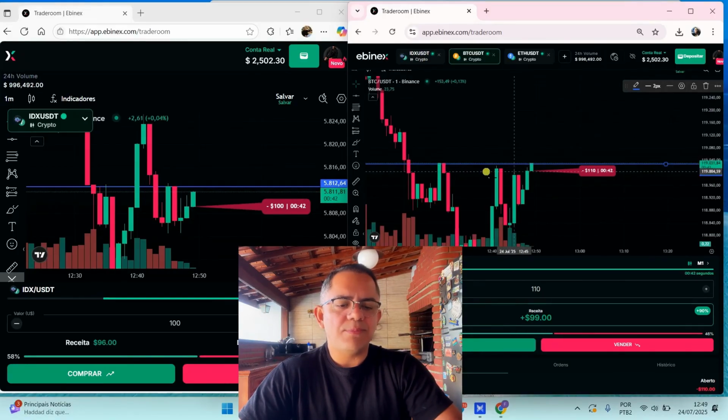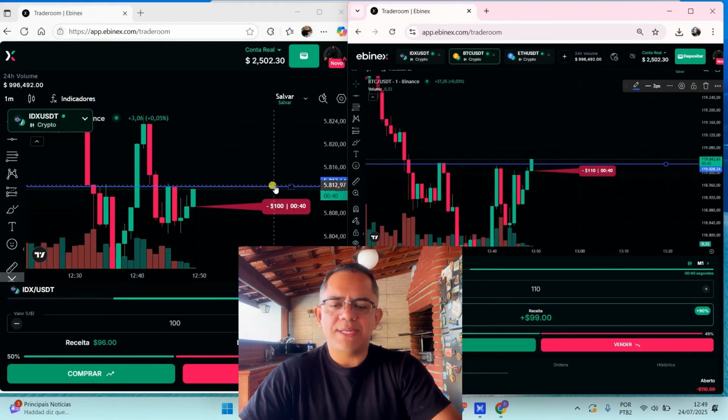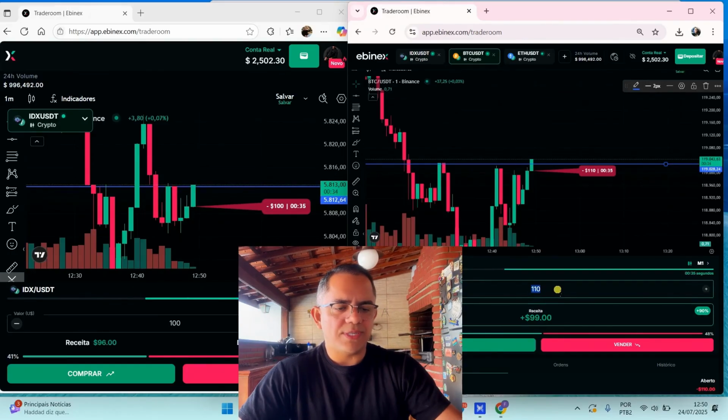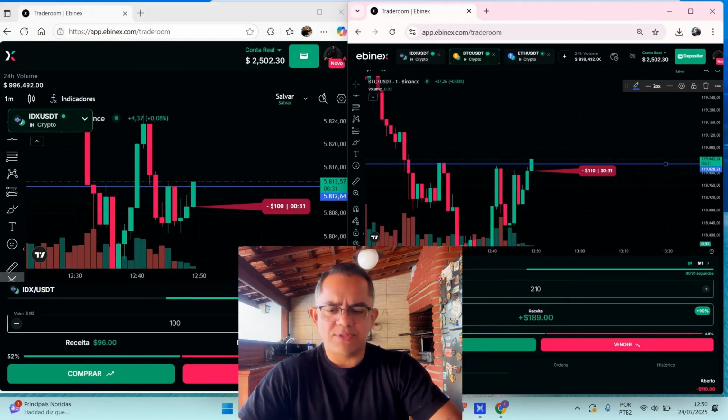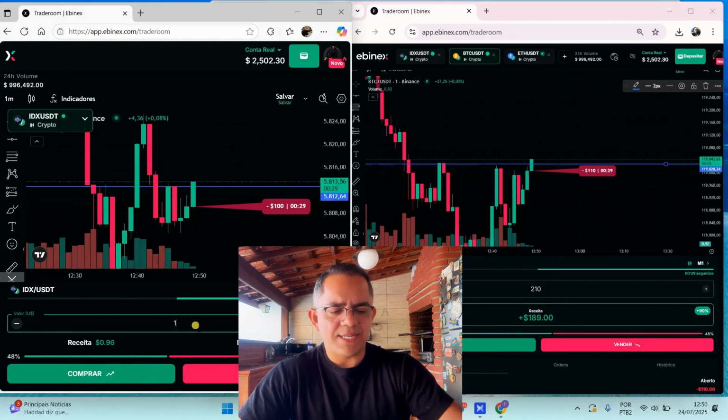Look, they went up to that sell zone, and now it hit that zone too. See? So, I'm going to trust in one more trade. Here I'll go in with $210, and here I'll go in with 180.